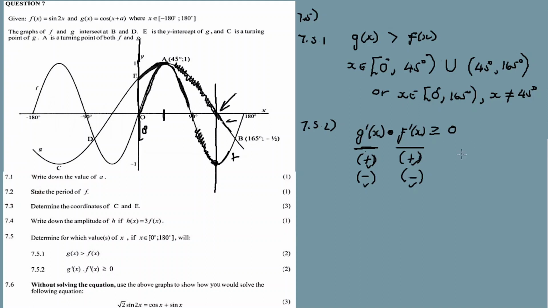So it means that the interval yethu yoba between x element of, siyaba include lapha 0 degrees included all the way up to 135 included as well. Nayi answer yethu la. Okay.